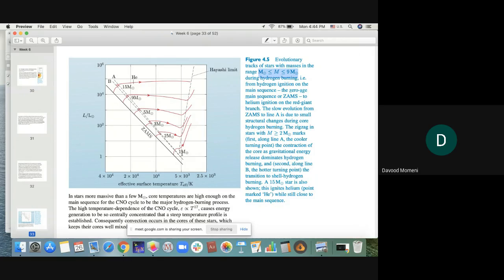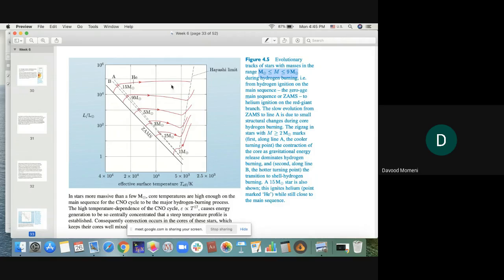If the mass is changing between 1 and 9, the effective temperature, which is not the core temperature but the temperature of the outer layers of the star, will change between 40,000 and 2,500 degrees Kelvin. And luminosity will change very drastically.